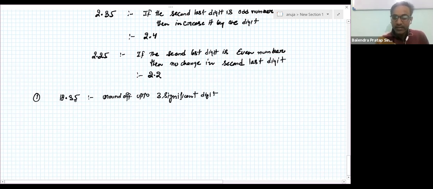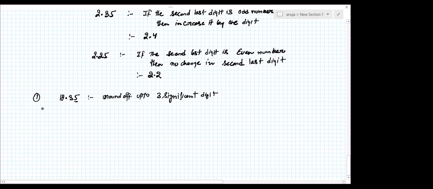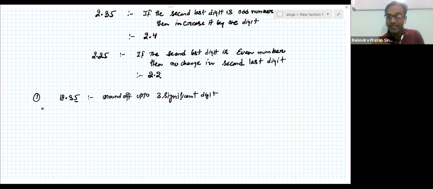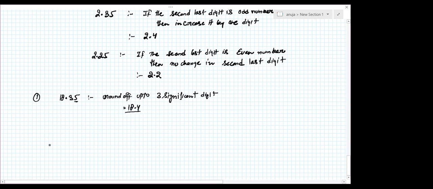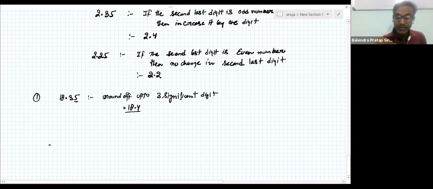Here the last digit is exactly 5. The rule says that if the second last digit is odd, then you have to increase. So the answer is 18.4. If the second last digit is an even number, then you have to just leave it as it is.